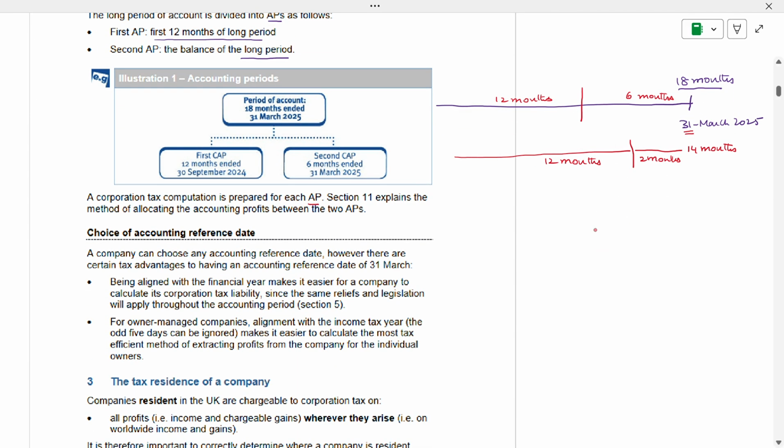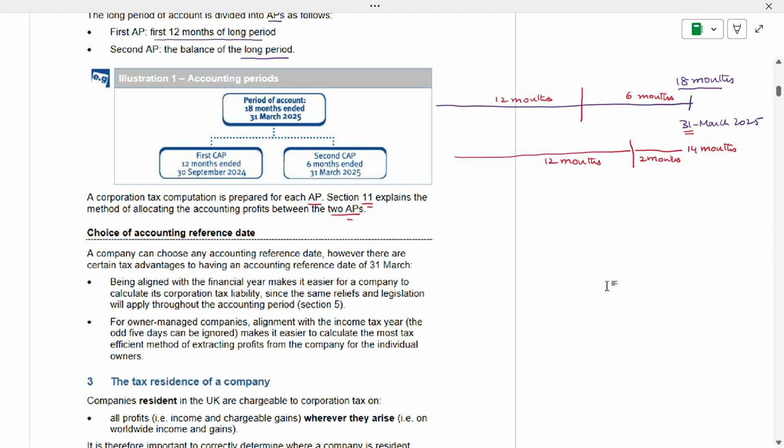Yes, sir. Okay. Corporation tax is prepared for each accounting period. We will cover in section 11 the method of allocating the accounting profit between two accounting periods. Now, choice of accounting reference date.